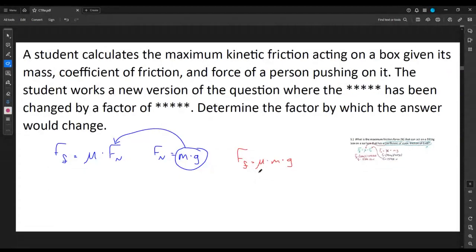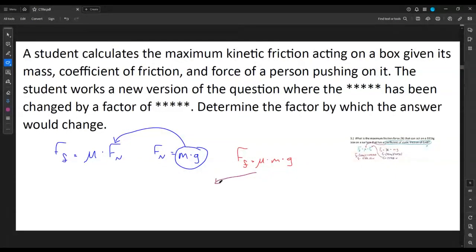So let's say that there's a new version of the question and mu is adjusted by some factor. So whatever mu was is changed to be half of mu. Well, the ratio of the new mu compared to the old mu is going to be that decimal, so 0.5. If the mass is unaffected, it wouldn't be mentioned to change two things at the same time here.